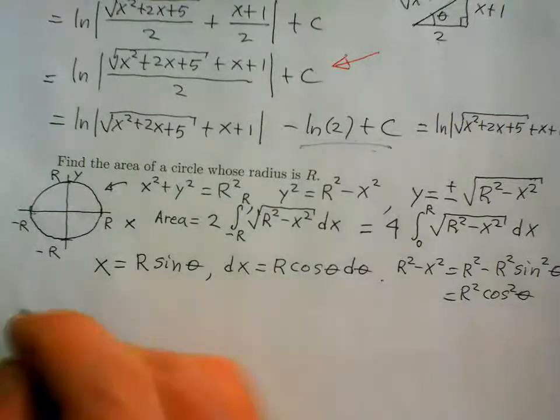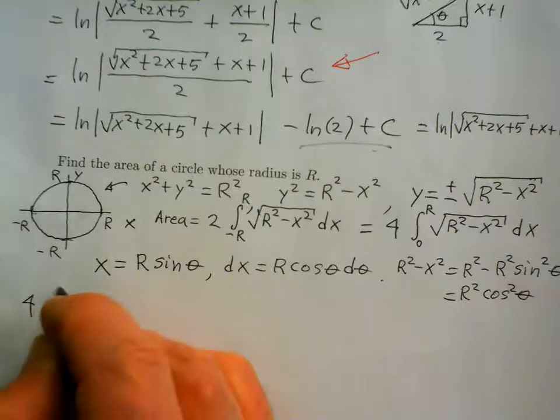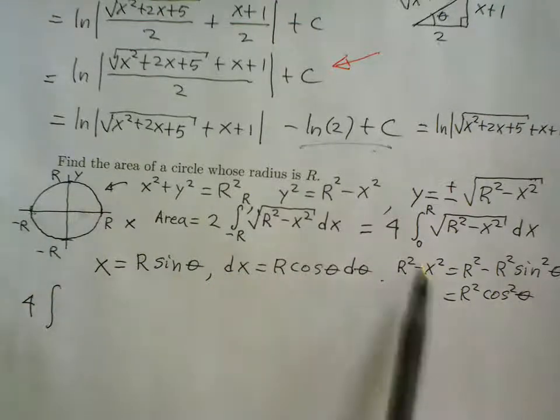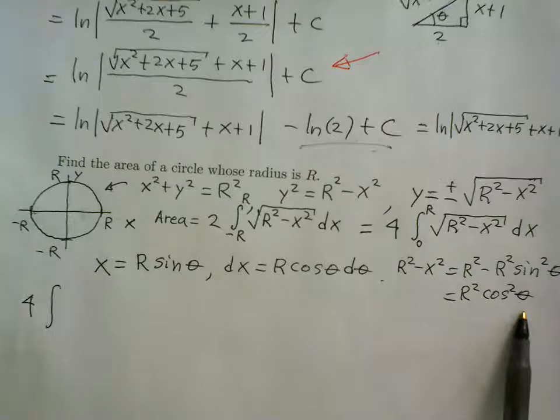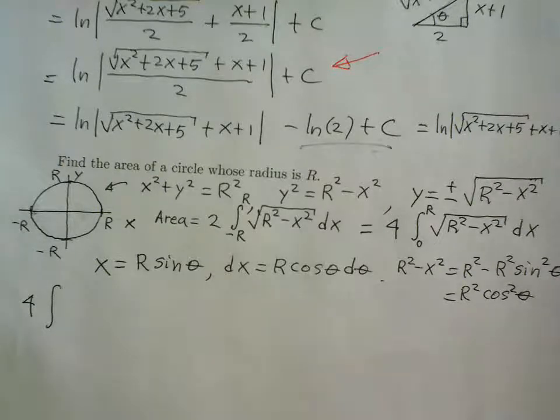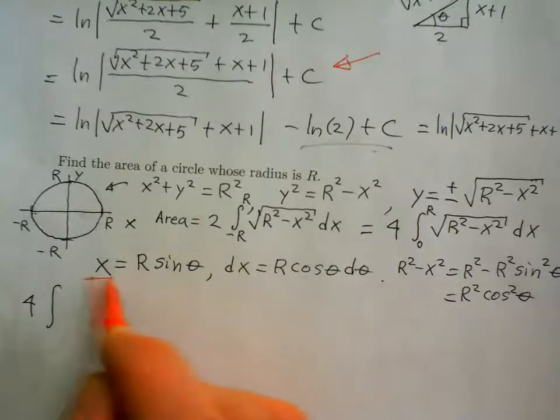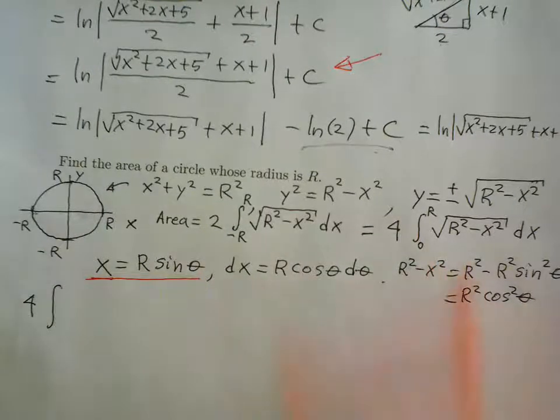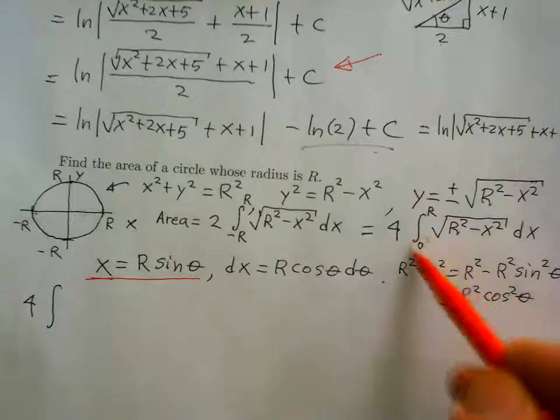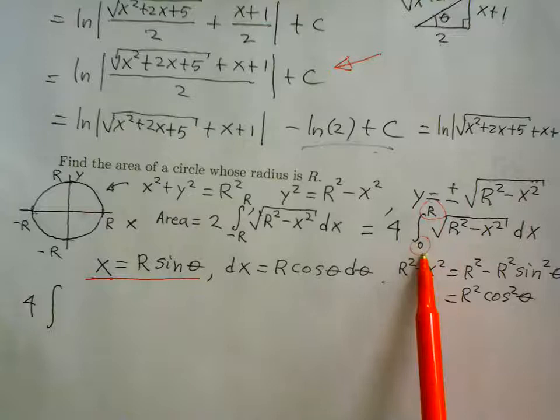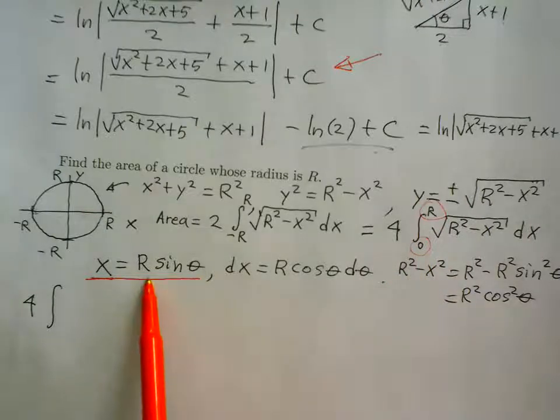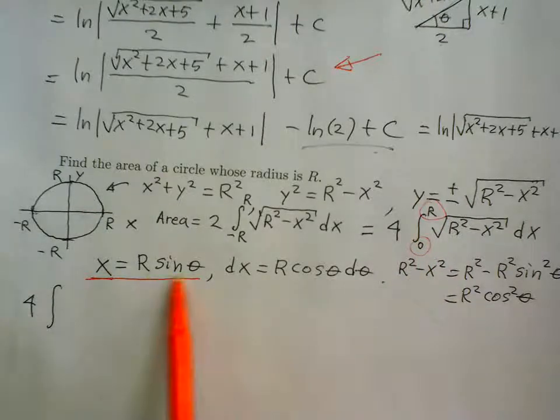Okay, so 4 times the definite integral. Well, our limits of integration have to be theta values. And the theta values are determined by the x values of the original definite integral and our assignment that x equals capital R times sine of theta.